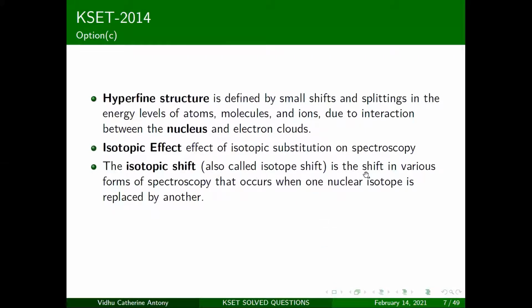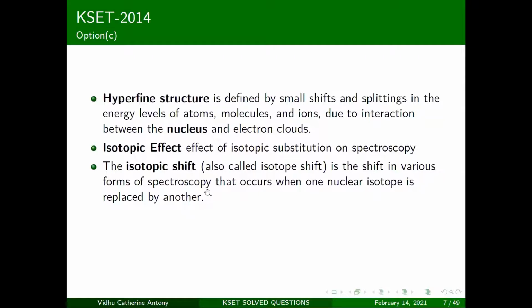Okay, so let's look at this. The isotope shift is basically the shift in the various forms of spectroscopy. Spectroscopy deals with the spectra that you get from the absorption or emission of light by the material you're looking into. It is used to study materials and their properties.